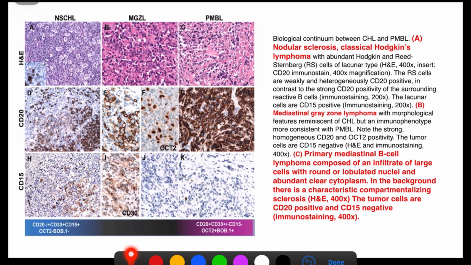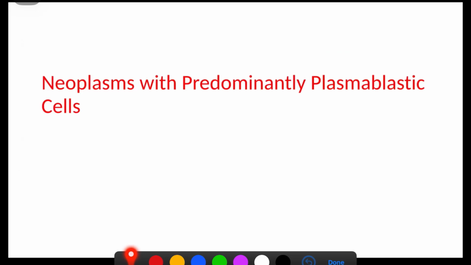As well as here, CD15 is negative, and here it is positive in Hodgkin's lymphoma. So here tumor cells are CD20 positive and CD15 negative, which suggests primary mediastinal B cell lymphoma.